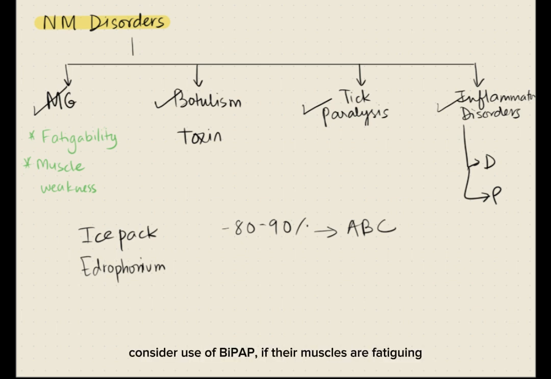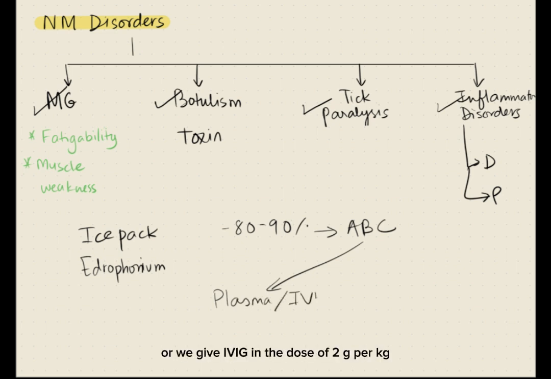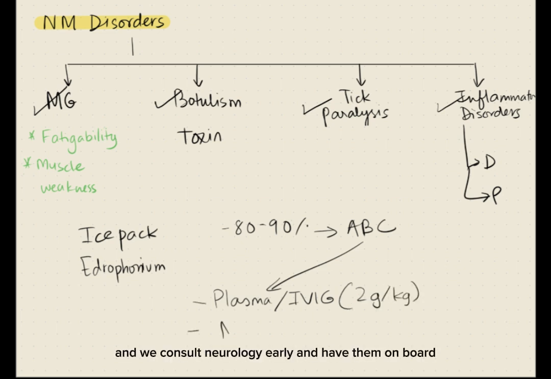Consider use of BiPAP if their muscles are fatiguing, but if there is a risk for them to deteriorate, then consider early endotracheal intubation. If they come in crisis, then we usually do plasma exchange or we give IVIG in the dose of 2 gram per kg, and we consult neurology early and have them on board.